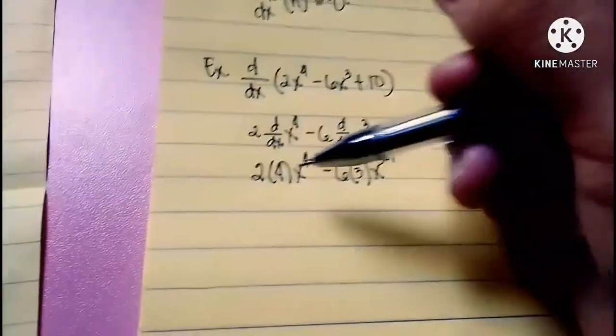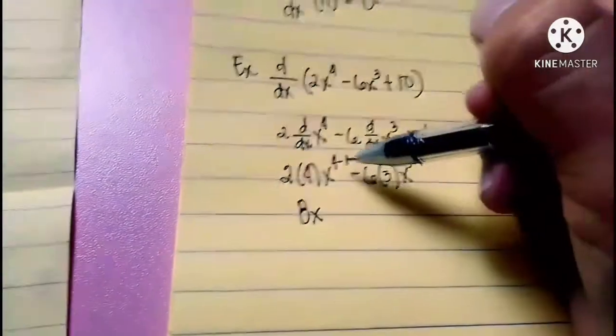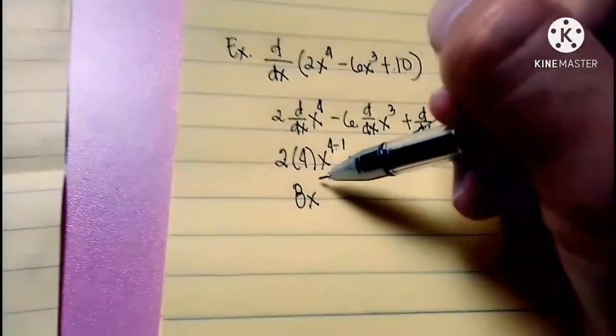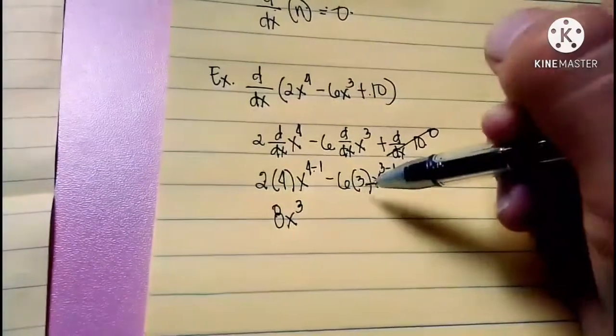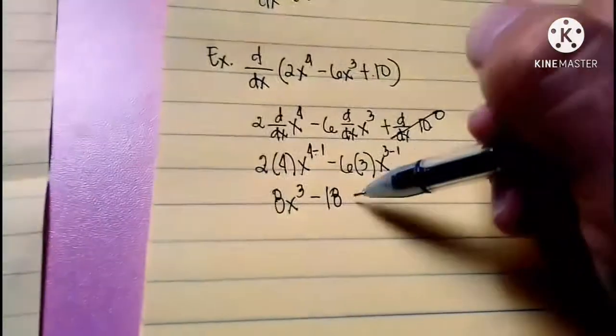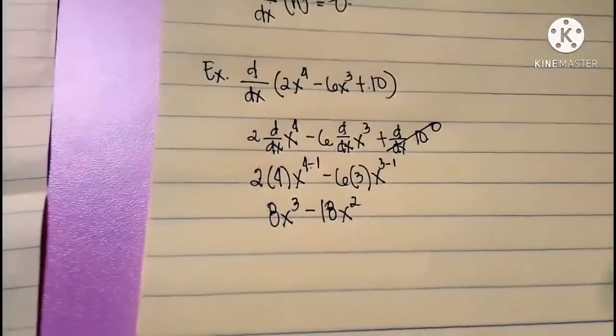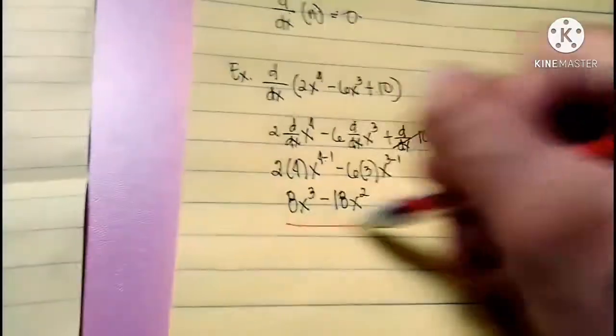Then multiply 2 times 4 is equal to 8, x to the 4 minus 1 is equal to 3, negative 6 times 3 is equal to negative 18, x to the 3 minus 1 is equal to 2, and we have our final answer.